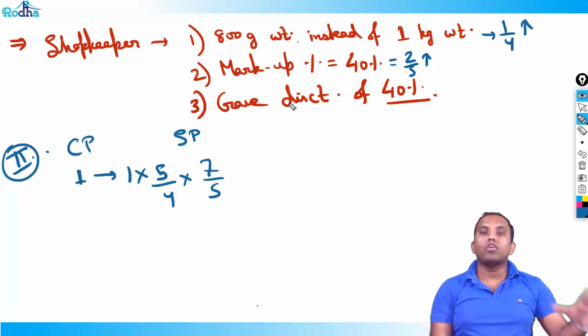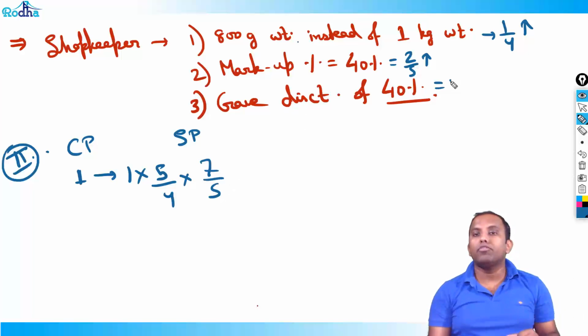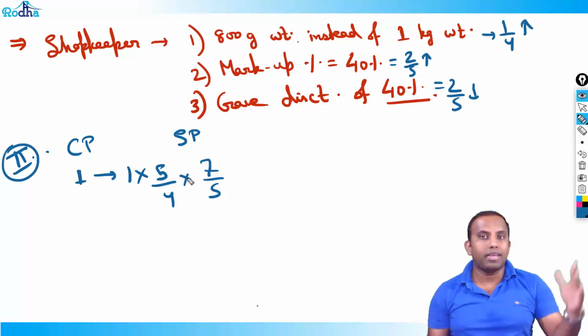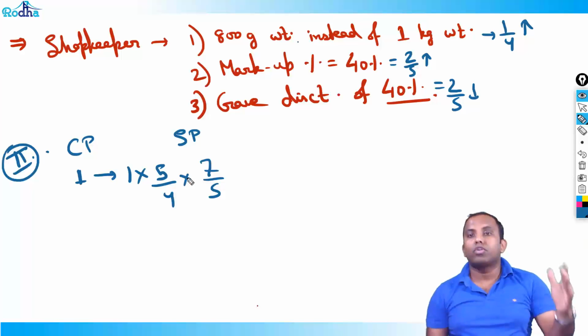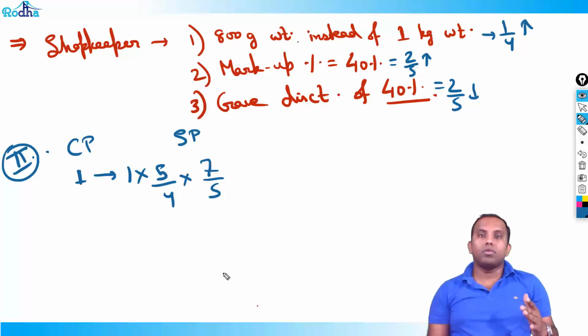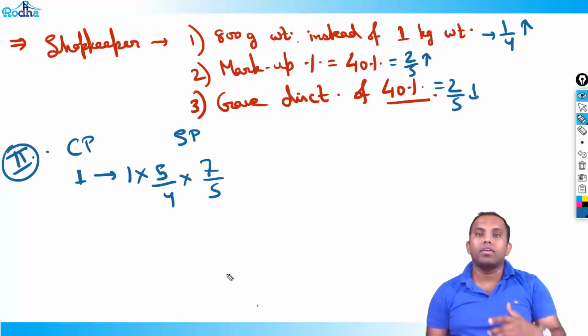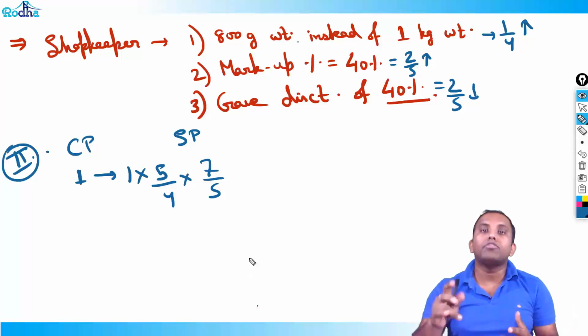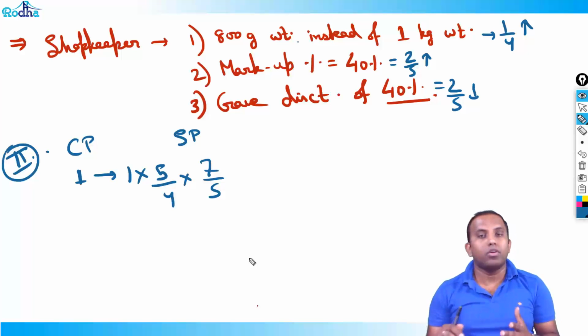And then he gave a discount of 40%. So again 2 by 5 discount, same thing, continuation going on. For a 2 by 5 decrease, the multiplying factor is 1 minus 2 by 5, that is 3 by 5, because it is a decrease. Okay, this will get cancelled. How much is it?